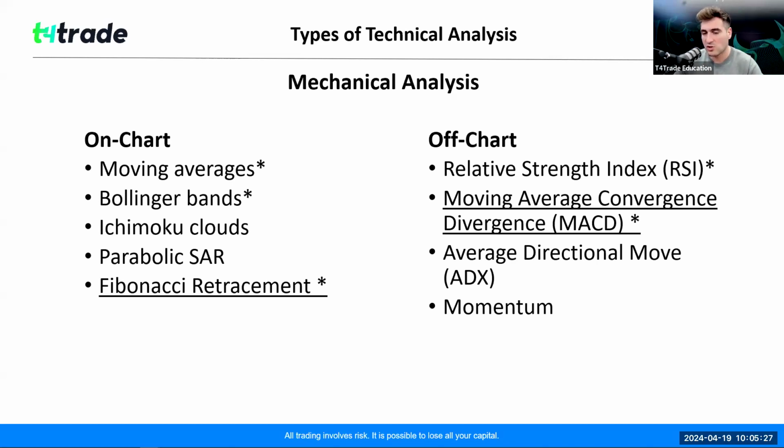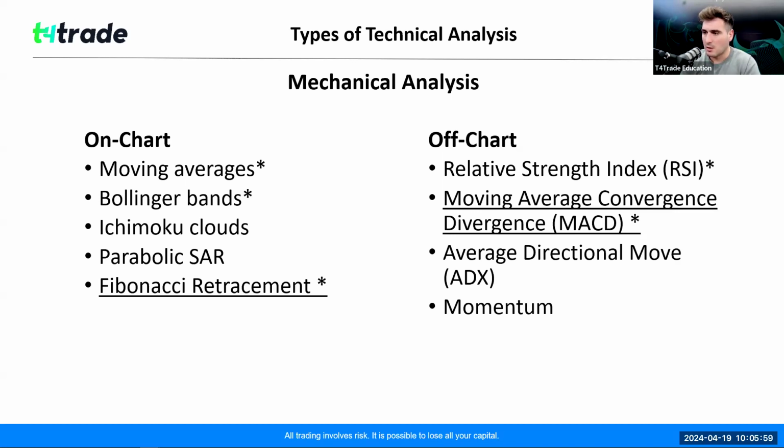And from here onwards, I've decided to split it into two further groups, which are on-chart and off-chart indicators, technical indicators, the stuff that technical analysts or technical traders use in order to amass the highest percent of probabilities of succeeding at placing their trades accordingly. So mechanical analysis is being split into two branches, on-chart and off-chart.